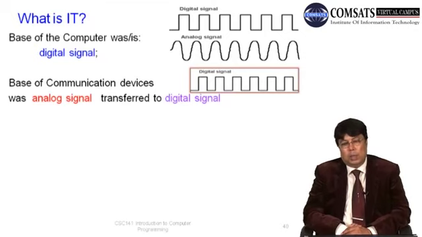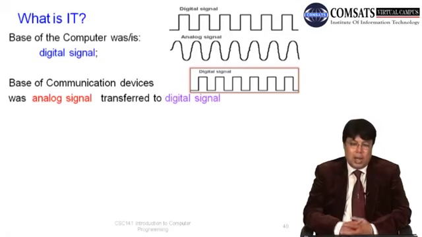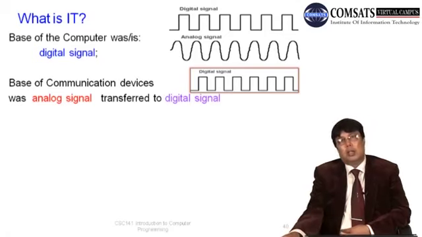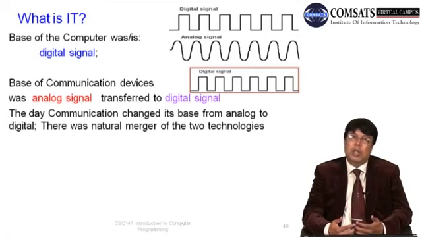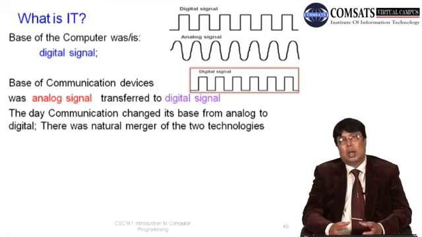So the computers were already working with the digital signal, and communication devices also started working with the digital signal. So what happened? There was a natural merger between the computers and the communication. So the computers and communication devices were merged together.